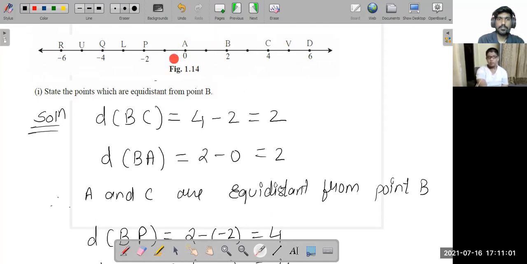I don't think so. Okay, yeah, that's it. If there would have been a point here, then we would get one more possibility, but there is no point here. So it's okay.